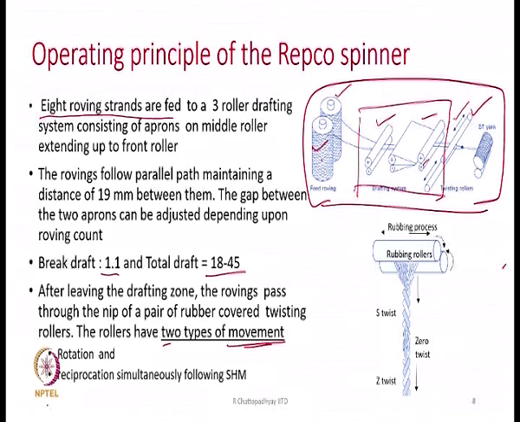So, it is a rotation and also reciprocation, and the reciprocating motion generally follows simple harmonic motion. So, they are continually oscillating, and the roving is in the nip of these 2 rollers. The roving is gripped by the 2 rollers.